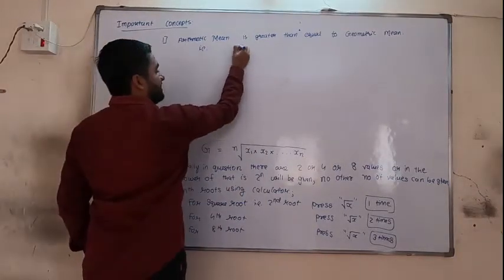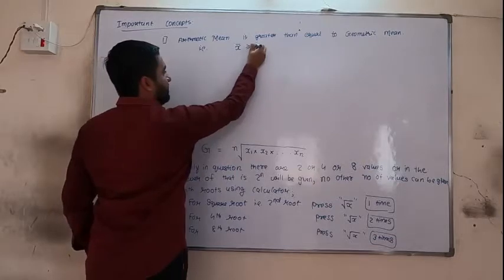That is, arithmetic mean, denoted by x bar, is greater than or equal to G.